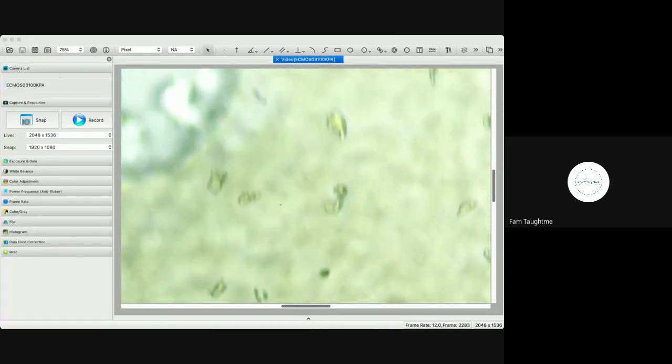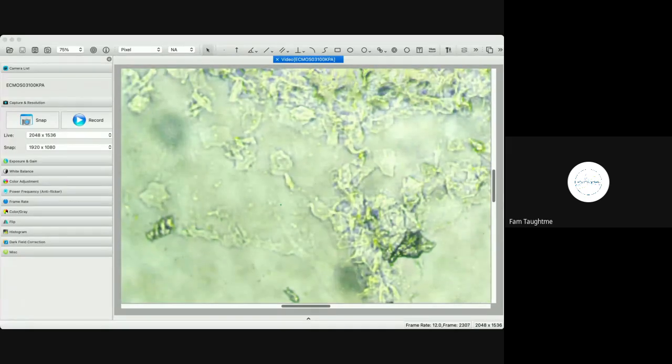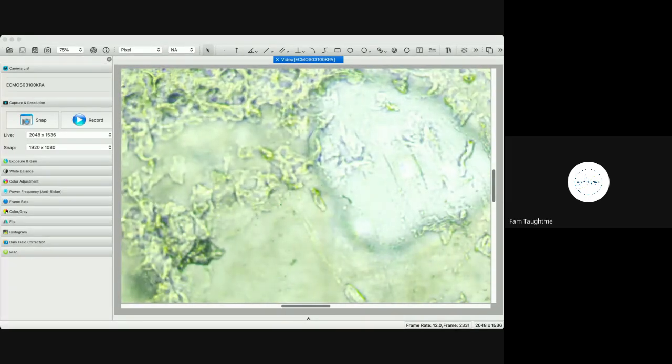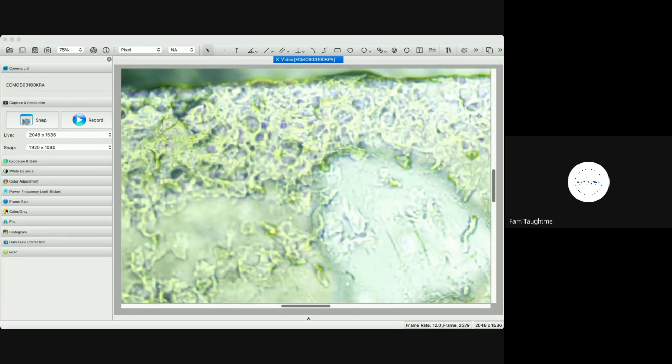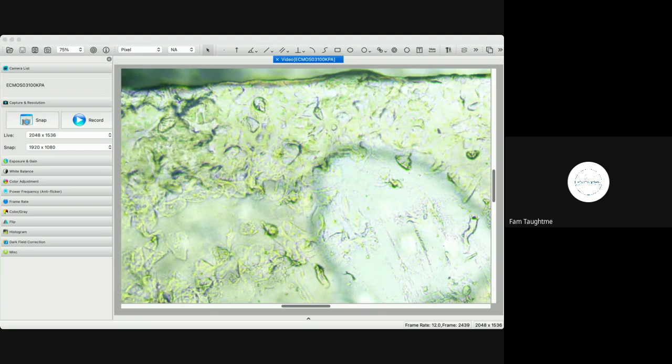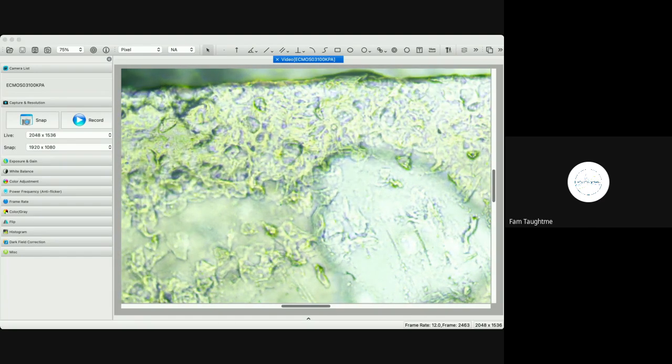And these look like potentially more salt crystals. This could be a little bit of mucin here. Yeah, that looks like the mucin network, which is always cool to see, this fun mesh network.